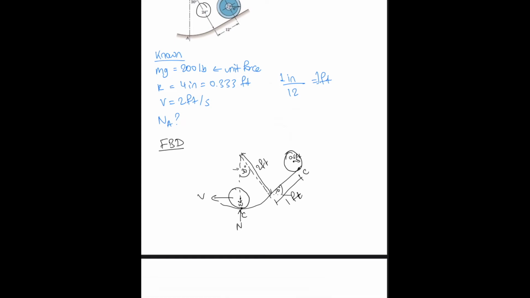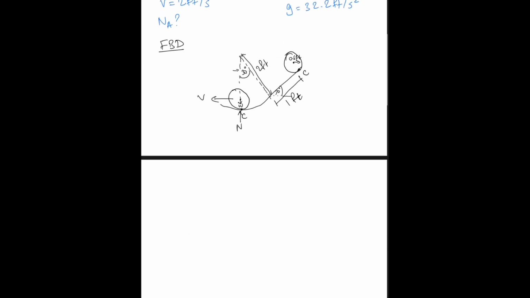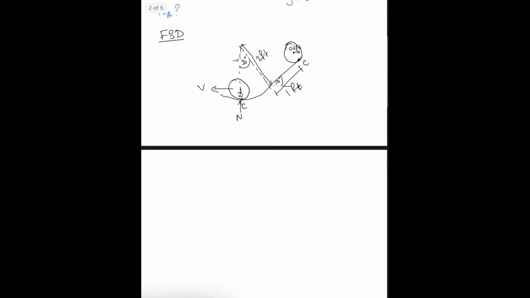So, first of all, our gravitational acceleration, g, in those units is equal to 32.2 feet per second squared. It's important to note that from the beginning.